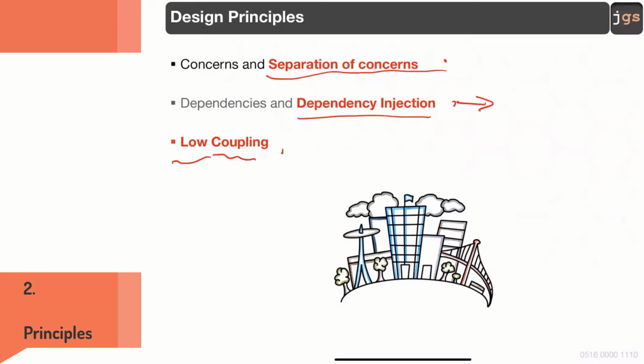Dependency injection. What is dependency injection? Any idea? Did you know that term? One module, one class, one object that needs another one. And we're going to do an injection.